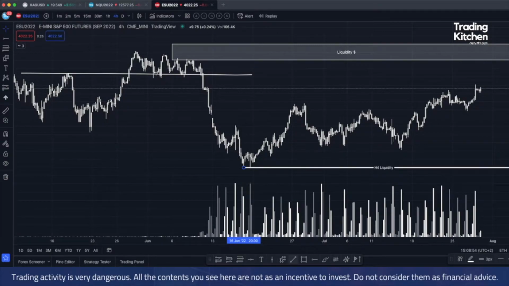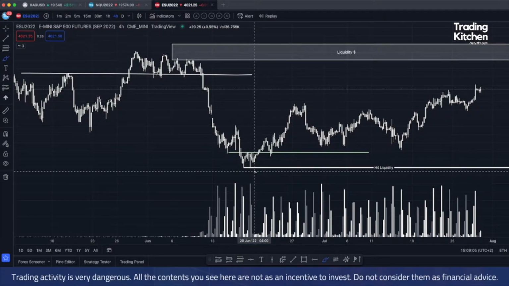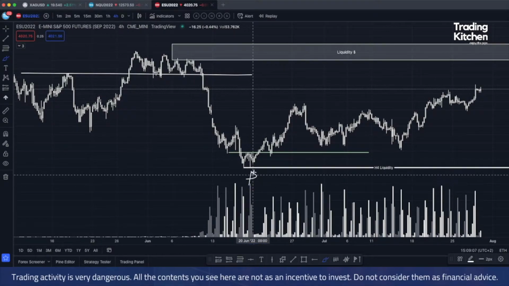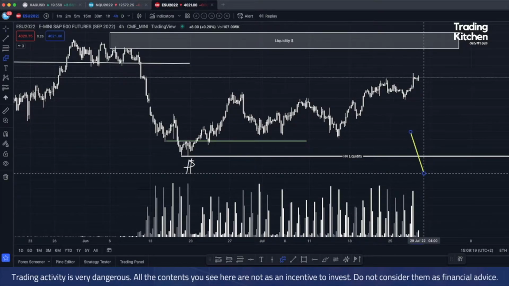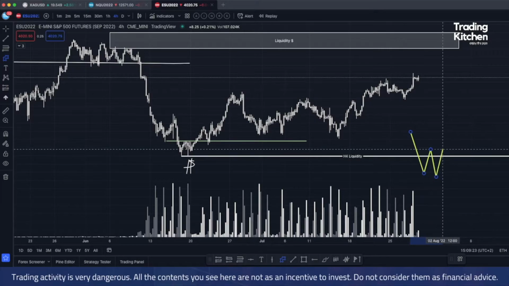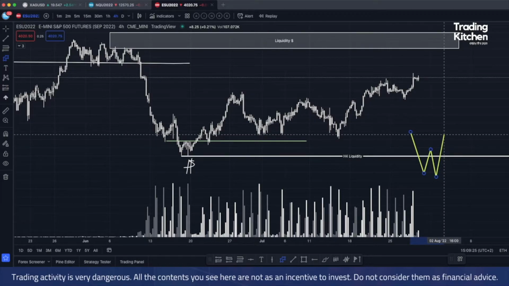So not on the neckline, not here, but find the liquidity here. Okay, so below this double bottom there is liquidity. So you already know that when price breaks this low, there will probably be a fake breakout, because this is a manipulation. Okay, and this is something that happens every day, because institutions want this.